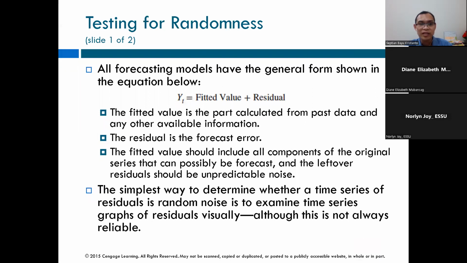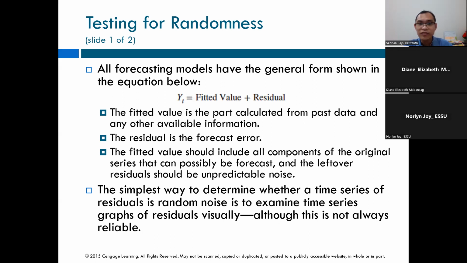In your data, you need to test the randomness of your data and the model. The randomness of data contains the fitted value and the residual value included in your models. The calculation comes from the past data and is supported by the available information in your modeling.